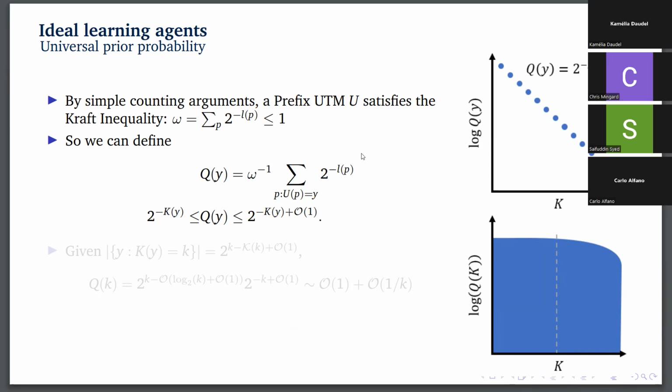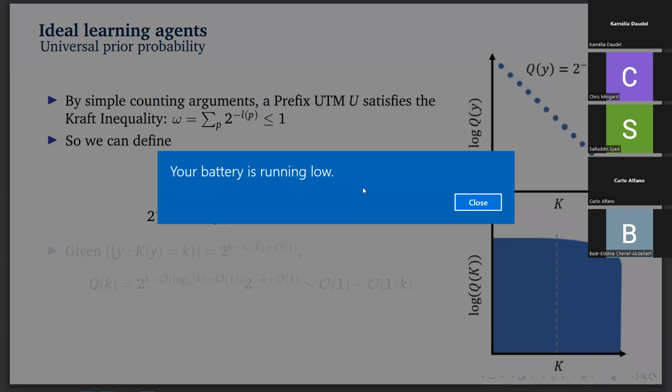The interpretation is, what is the probability of getting some output string given randomly generated programs? So rather than randomly generating output strings, I now randomly generate programs which produce these output strings, and then I ask what is the probability distribution over these outputs.